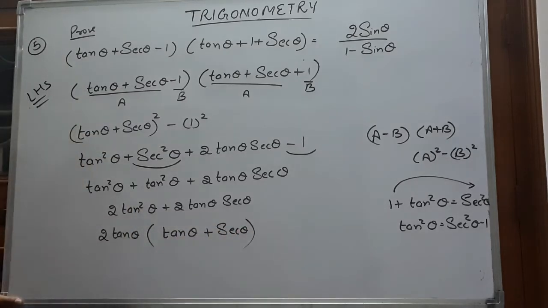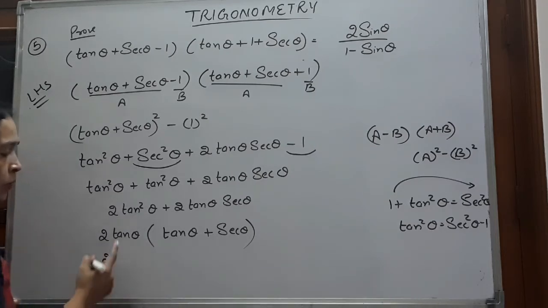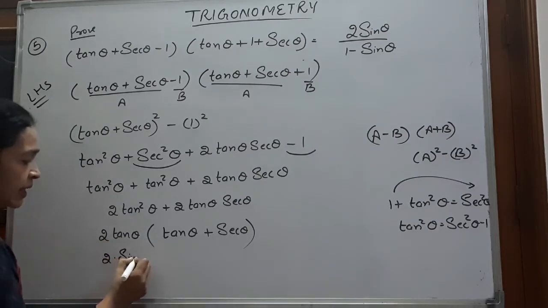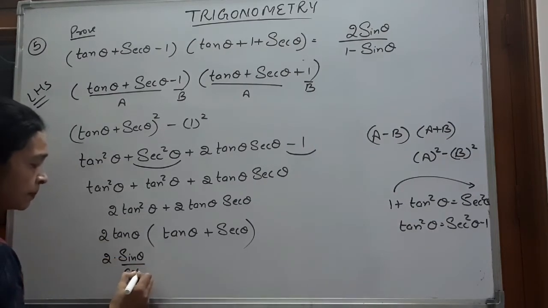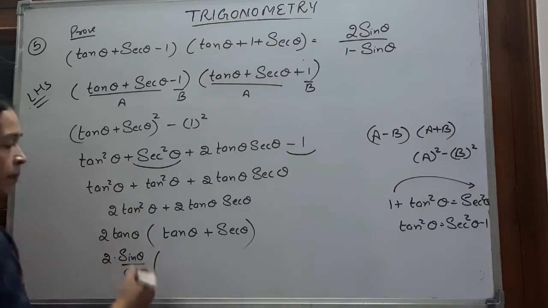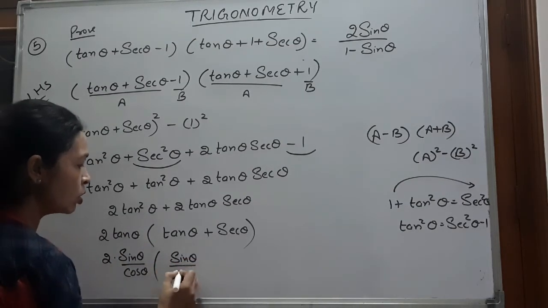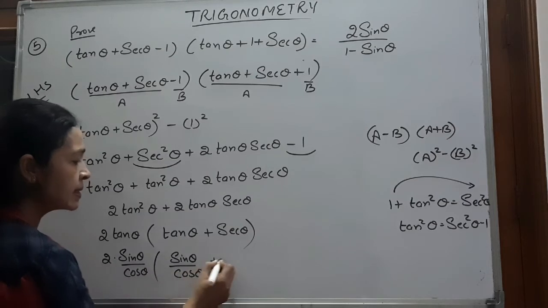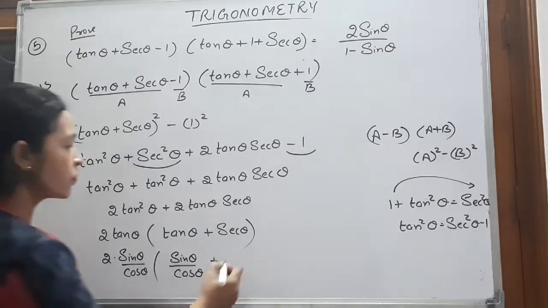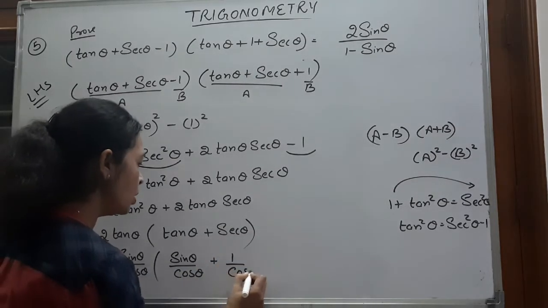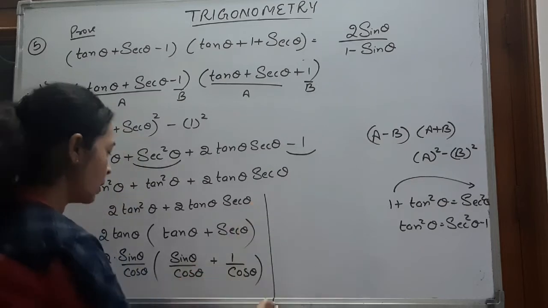But our right hand side is in the form of sine. Let's change it. 2 into tan theta is sin theta upon cos theta. In place of tan we will write sin theta upon cos theta plus sec is reciprocal of cos. So we will write 1 upon cos theta.